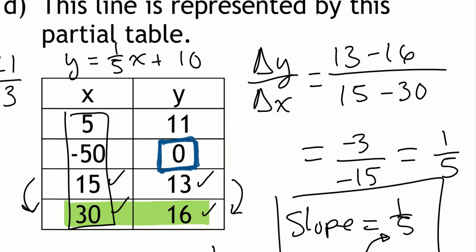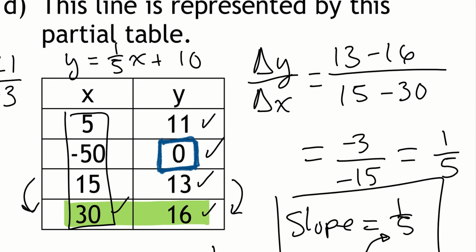If I put 5 in for x, 1/5 of 5 is 1, and 1 plus 10 is 11. If I put in negative 50 for x, 1/5 of negative 50 is negative 10, and negative 10 plus 10 is indeed 0.